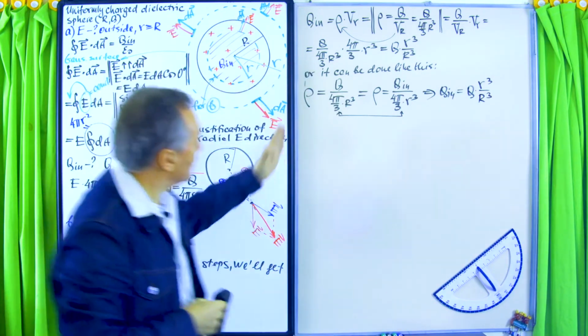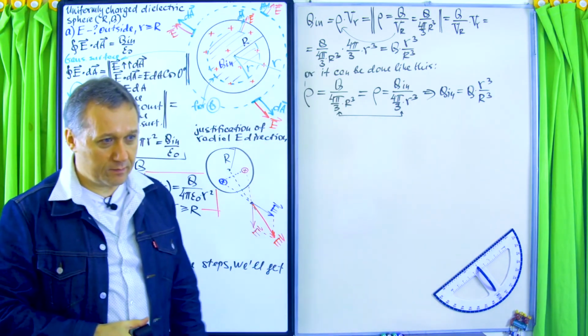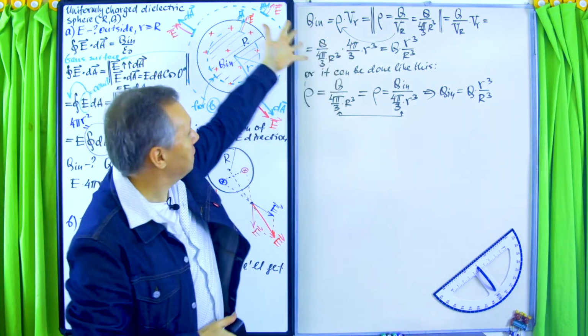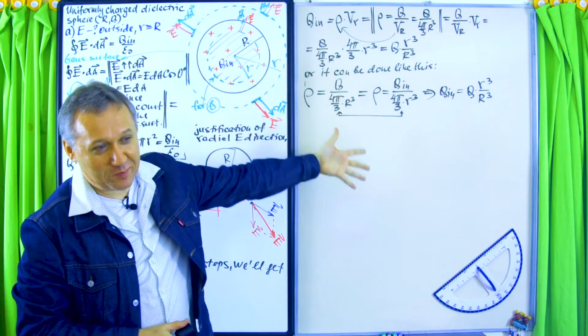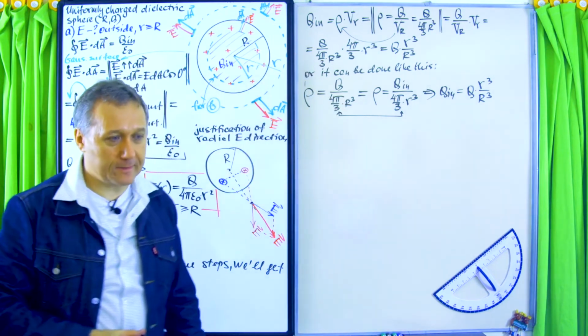Some students, when I explain this way, find it easier to understand, although strictly speaking, it is pretty much as simple as the other option. So you can use either this or that.